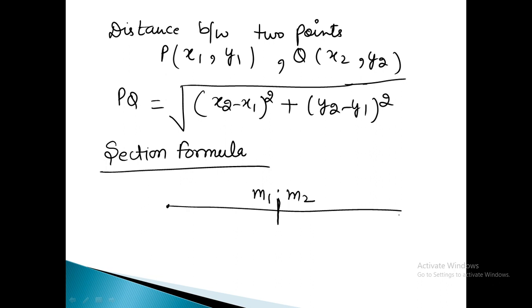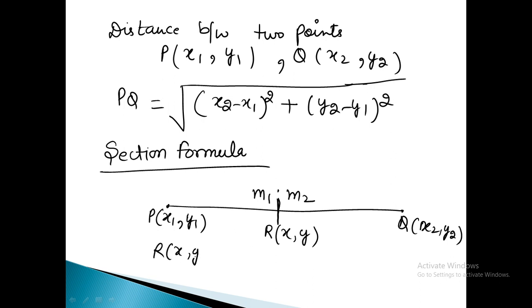And these are 2 points P(x1, y1) and Q(x2, y2). And this point we can name R(x, y). For calculating R(x, y), we will use this formula.